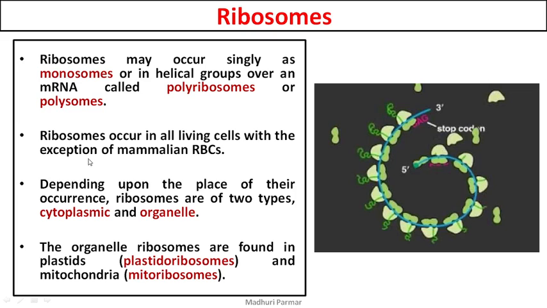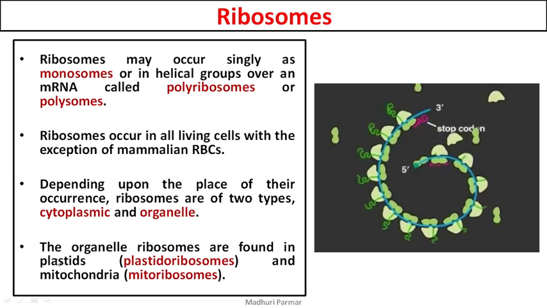Now, depending on the place of their occurrence, the ribosomes are of two types. They can either be cytoplasmic, meaning found in the cytoplasm, or organelle type, which means they are found in some organelles. What organelles have ribosomes? We have already discussed two.